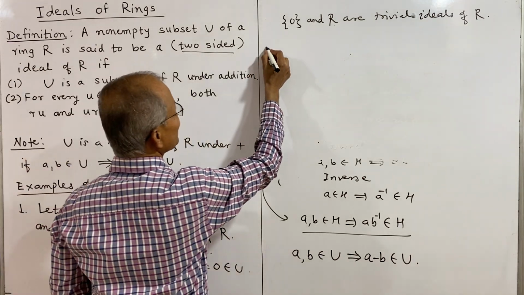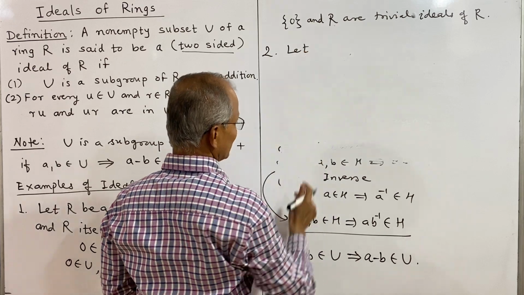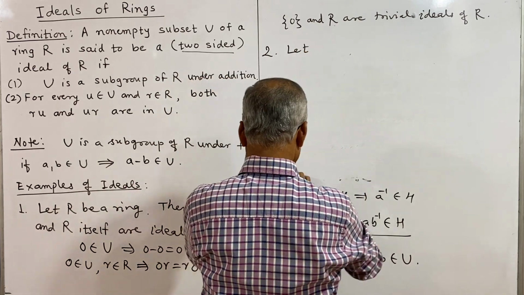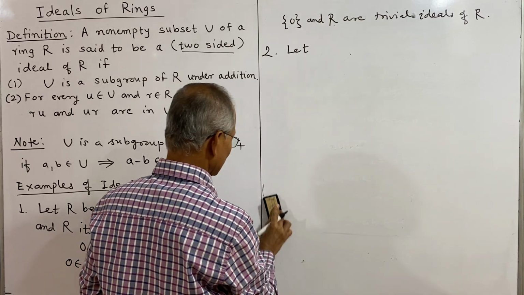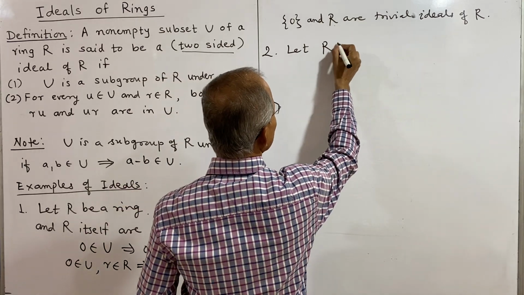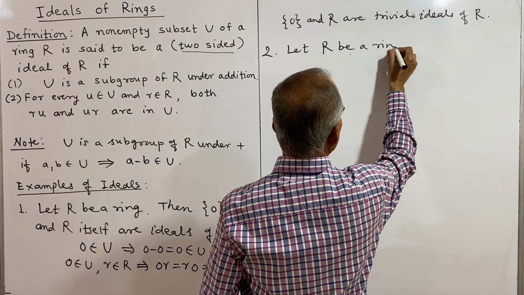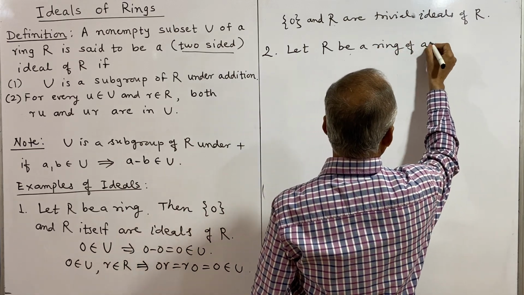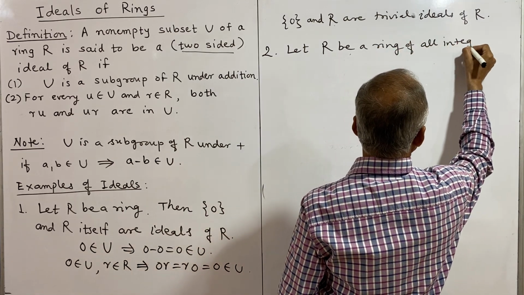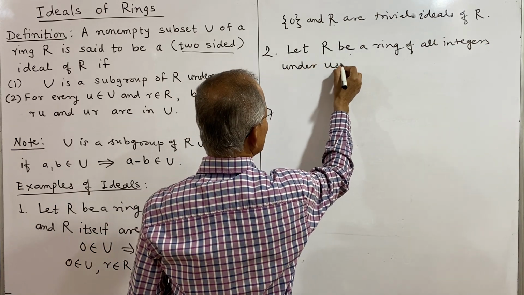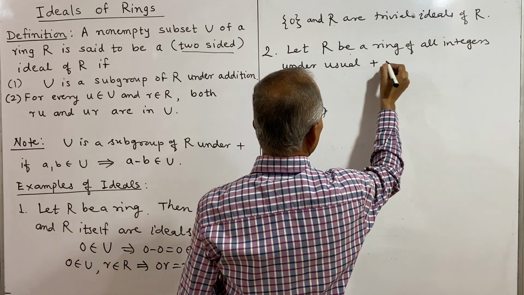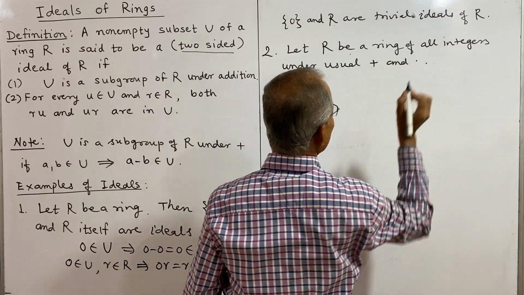As a second example, let R be a ring of integers, all integers, under usual addition and multiplication.